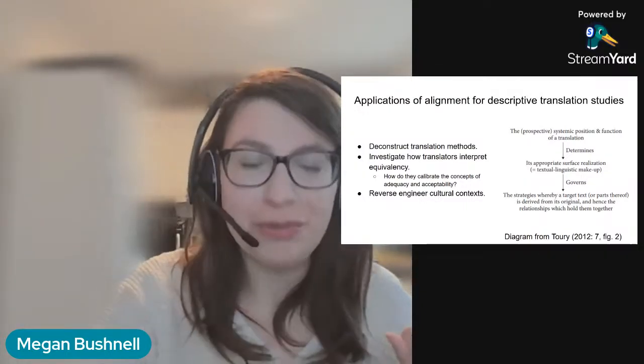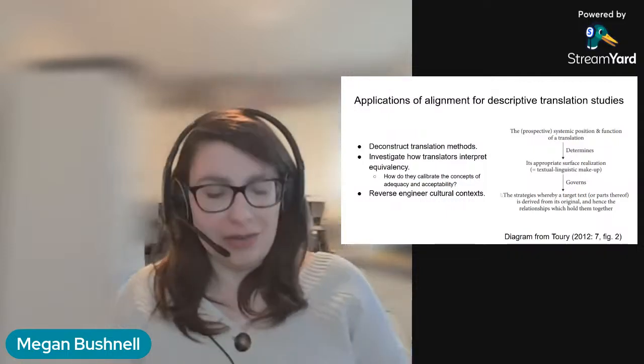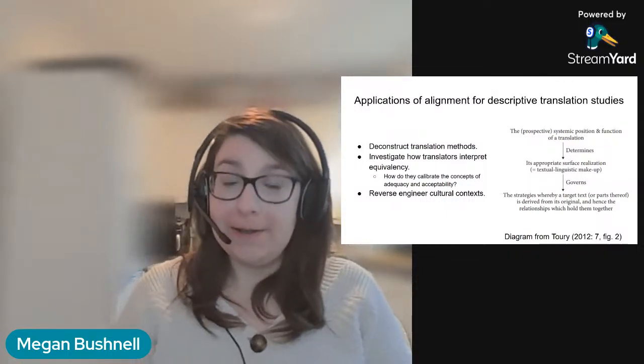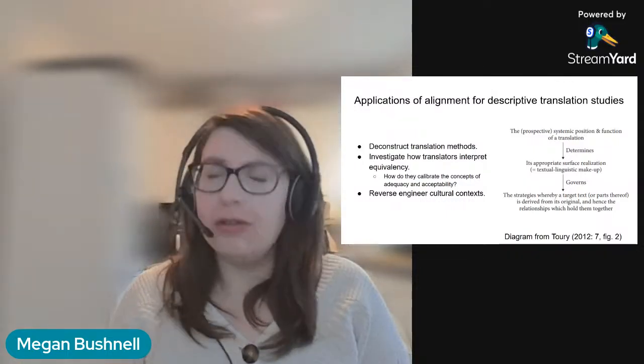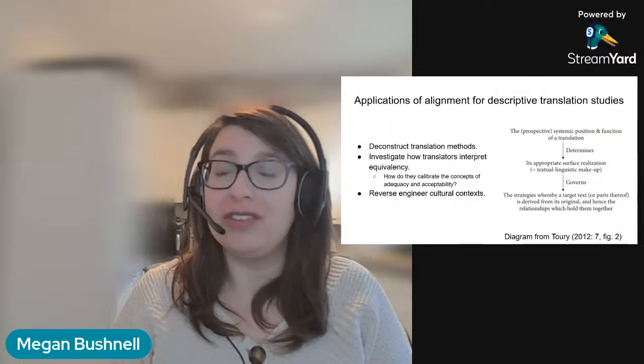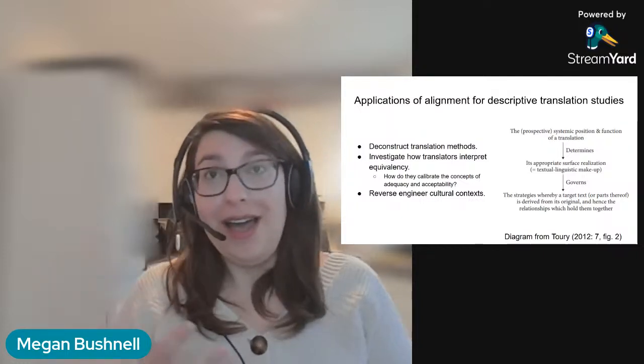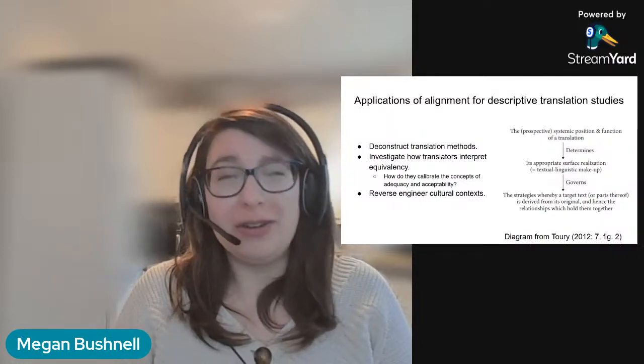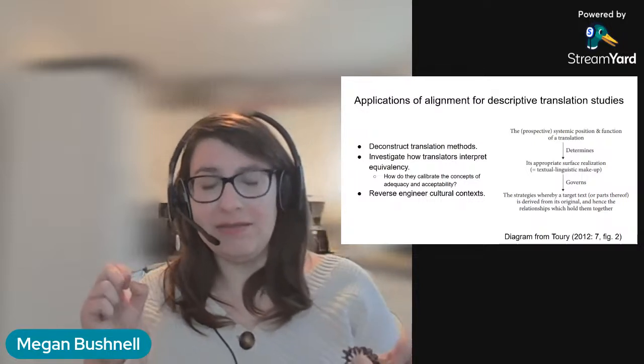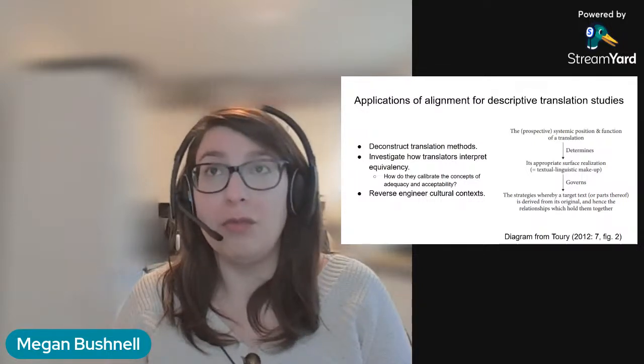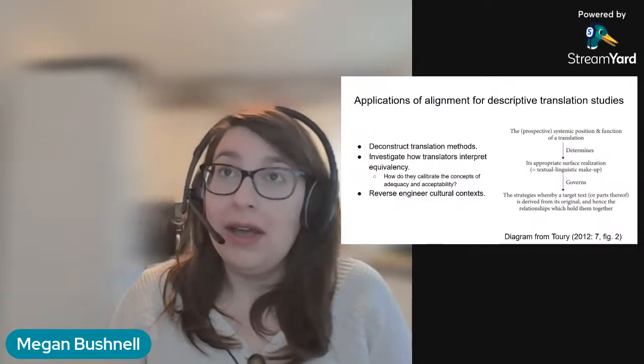Yes. Brilliant, thank you. So this is going to briefly go back to something Chiara was talking about with descriptive translation studies and equivalence, just to explain a bit better how we can investigate these processes more and tease them apart.